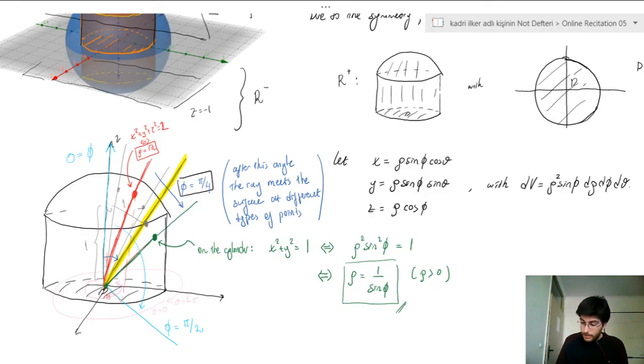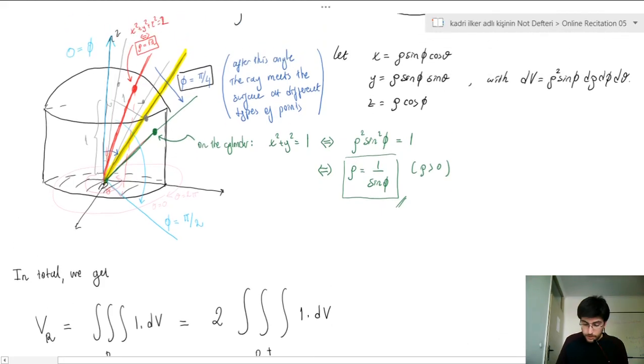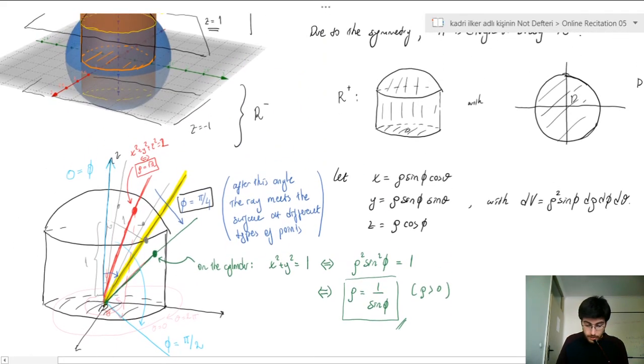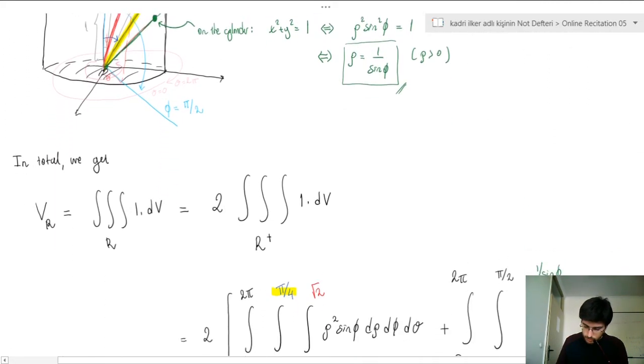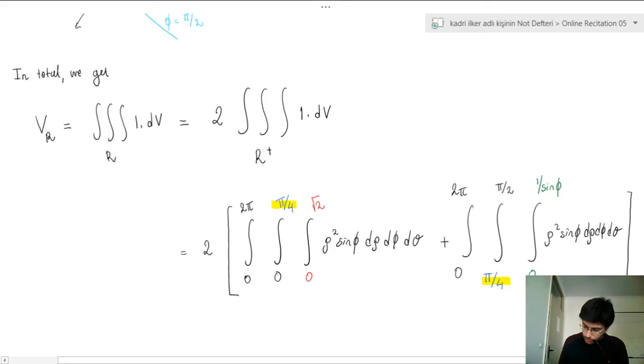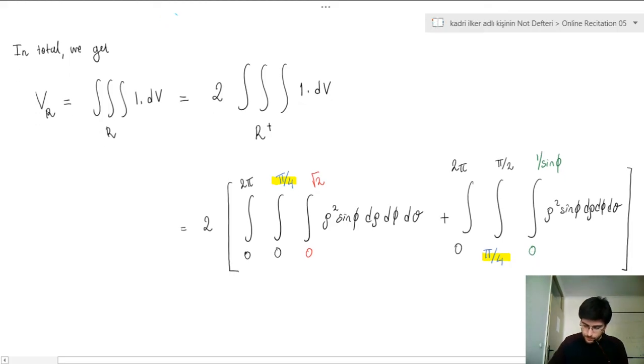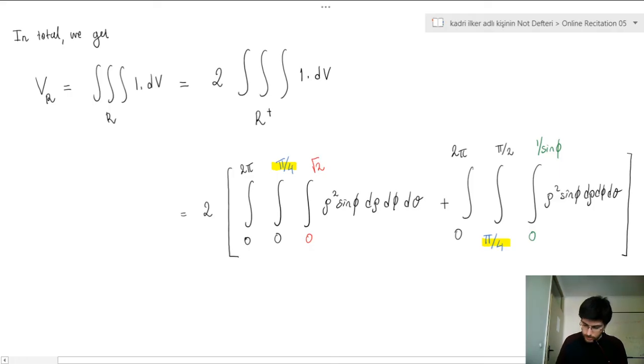Therefore, their correspondence with rho is different, so you should compute this correspondence carefully. This is the reason why we have such a decomposition. So we have two triple integrals basically. If you compute this, this is the expression. We only compute the upper part, but for the lower part, we just multiply by 2. And this triple integral in spherical coordinates really expresses the volume of this region of interest.